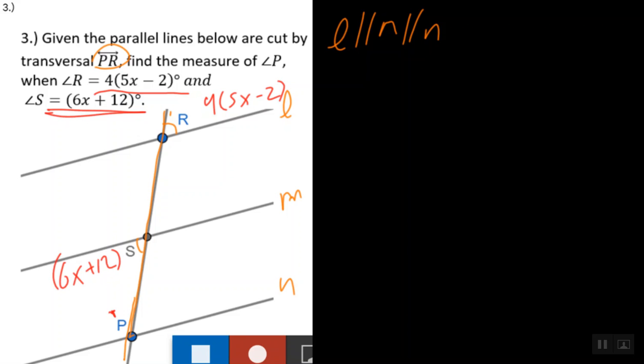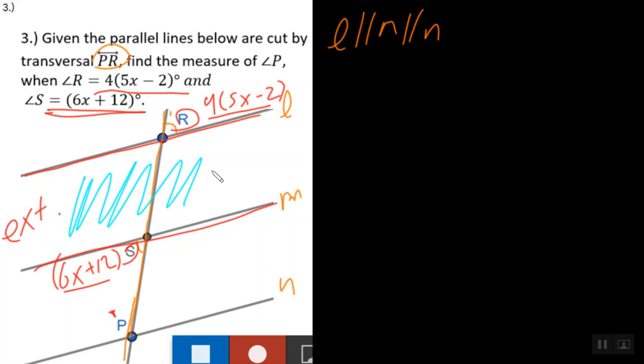Now what's the question here? Are these things congruent or are they supplementary? Is angle R congruent or supplementary to angle S? And notice this, whenever we have parallel lines and our angles are on the exterior of those parallel lines, right? Because here, let's use a different color.